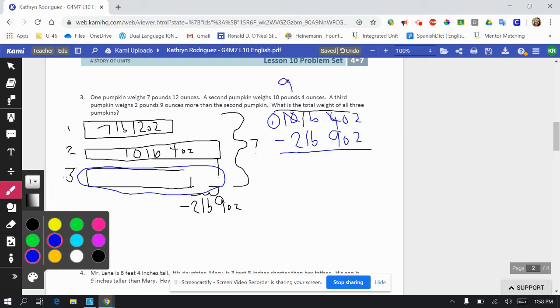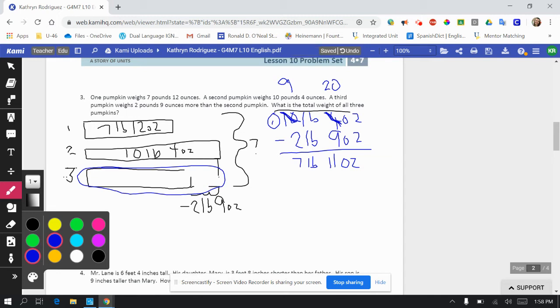And then over for the 4, we're going to add 16 ounces to that to have 20 ounces. Reason I'm doing that, I took 1 pound from the 10, turned it into ounces, brought those 16 ounces over here, and added it to 4. All right, so we have 11 ounces and 7 pounds.